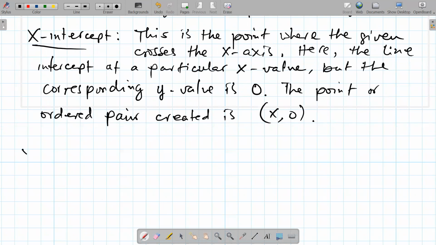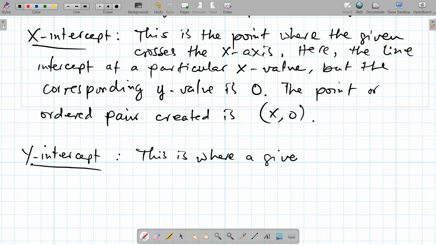What about the y-intercept? So similarly, this is where a given line crosses the y-axis.